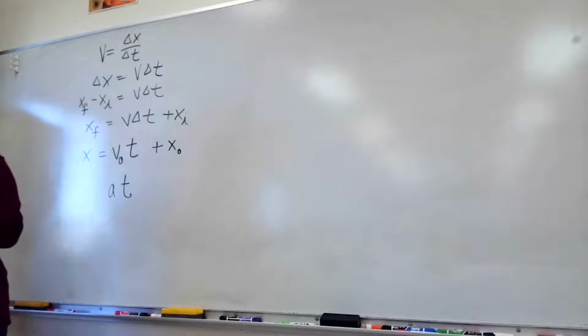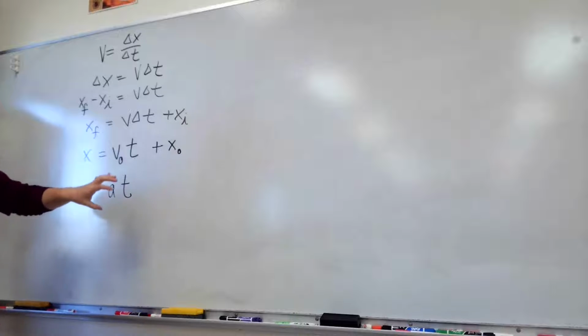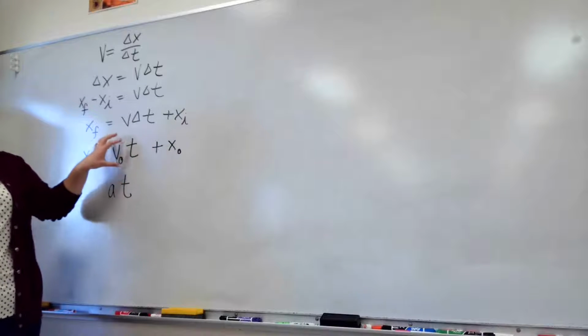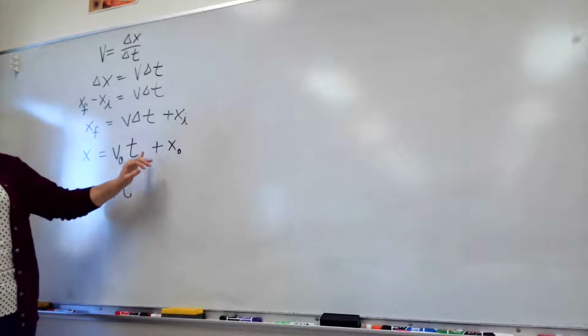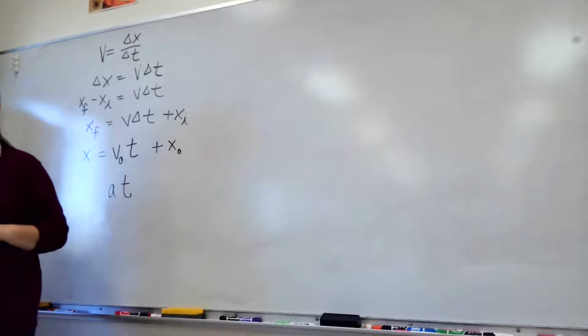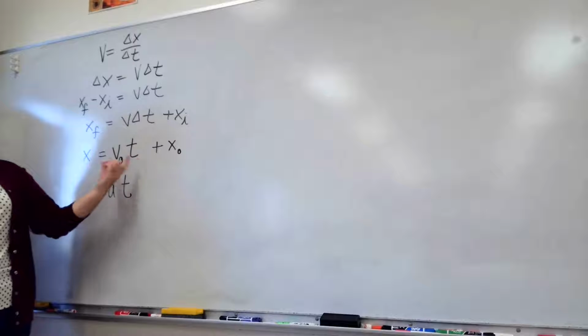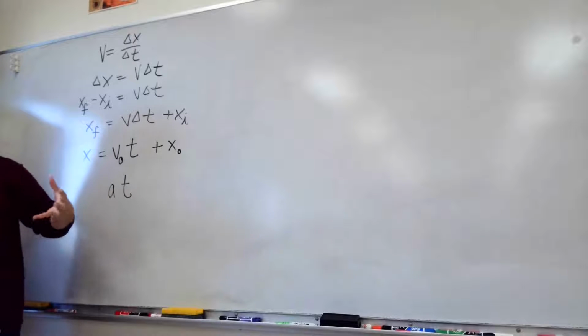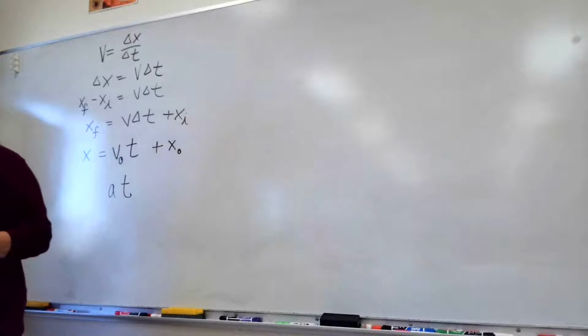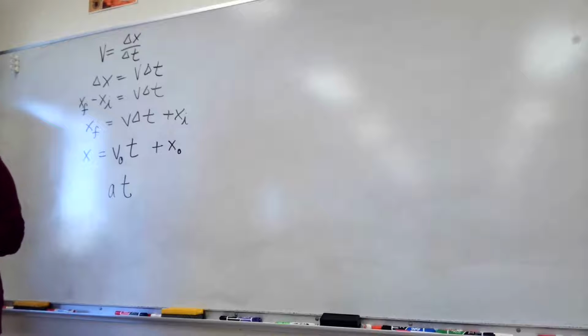Okay? And when I say term, a term denotes something that's multiplied together, but is then added in an equation. Okay, so this is a term, this is a term, okay, and we're adding another set of multiplied things onto it. Okay, everybody good? Okay.